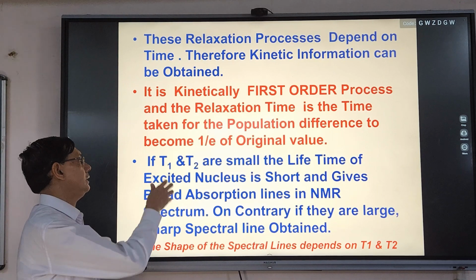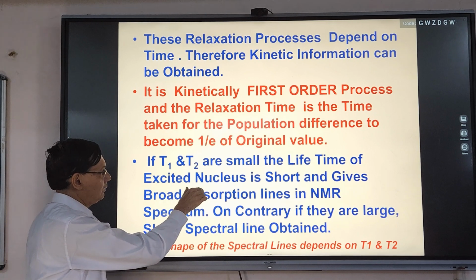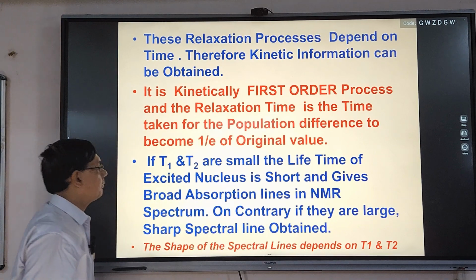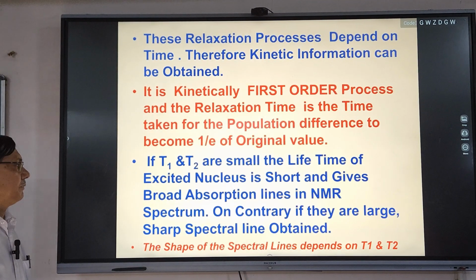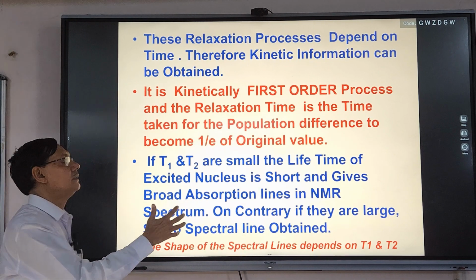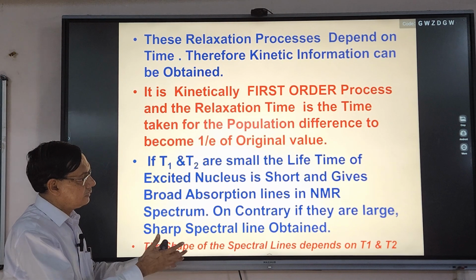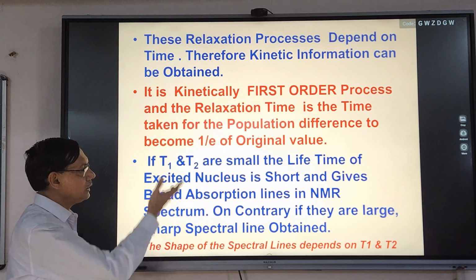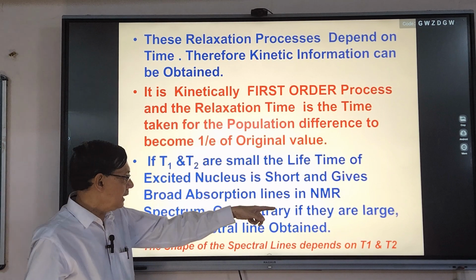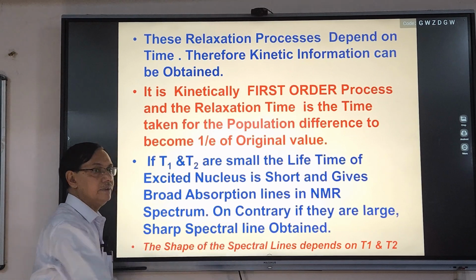Again, I am just repeating this. If T1 and T2 are small, naturally the lifetime of the excited nucleus is short, so we get broad NMR lines. On the contrary, if they are large, there is no relaxation or decay, so we will get sharp spectral lines.